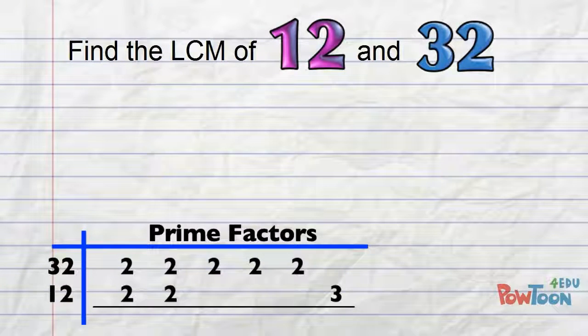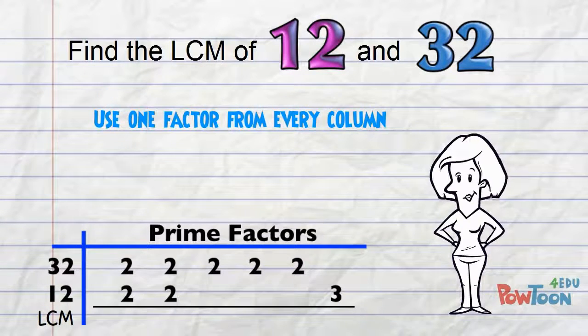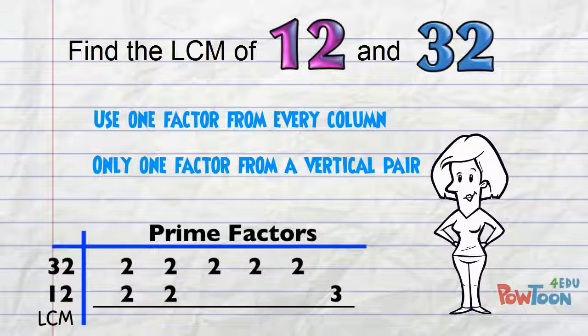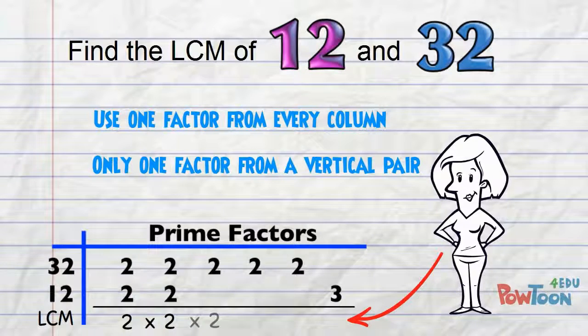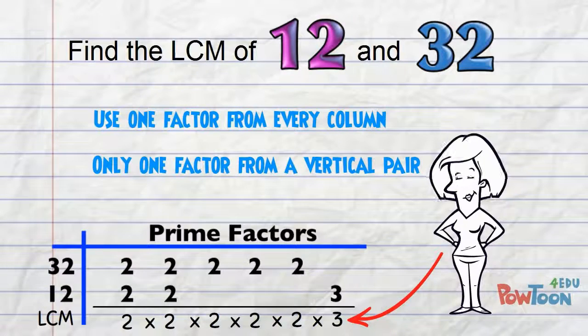Finally, we find the prime factors of the LCM. We use one factor from every column, and if there's a vertical pair, we only take one of those factors. The LCM of these numbers is the product of these factors: 2 times 2 times 2 times 2 times 2 times 3.